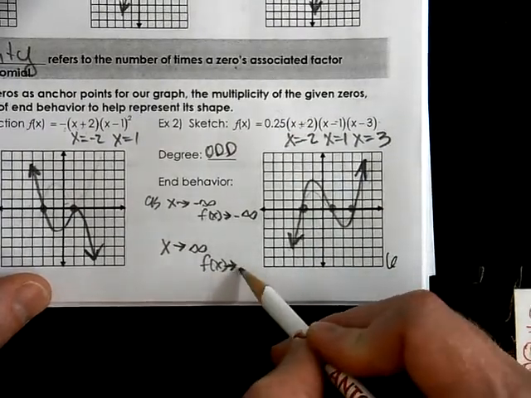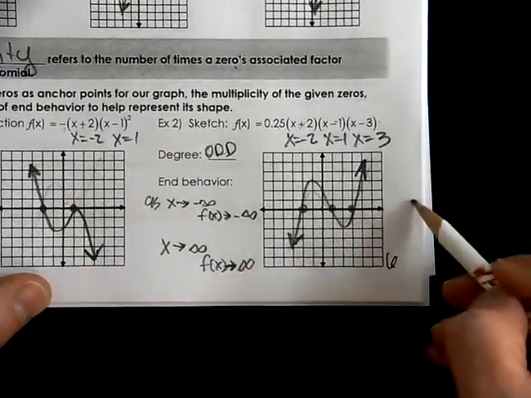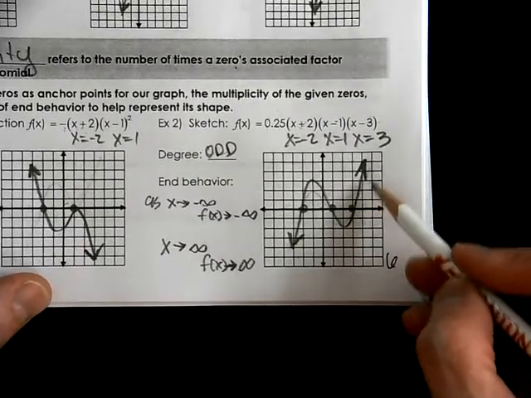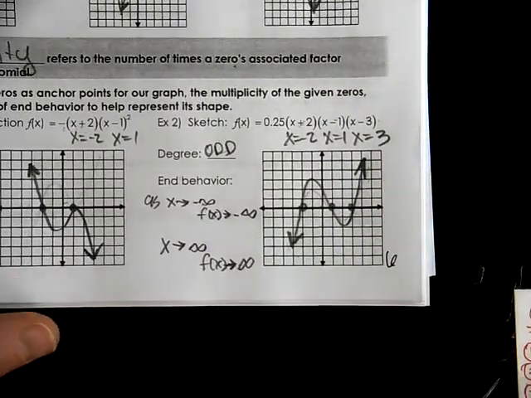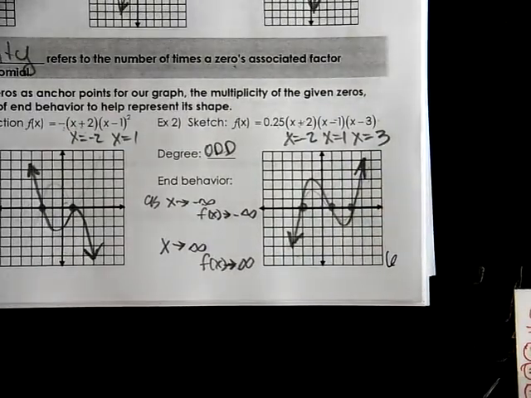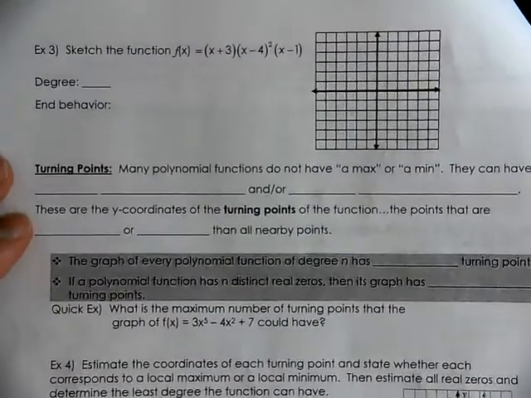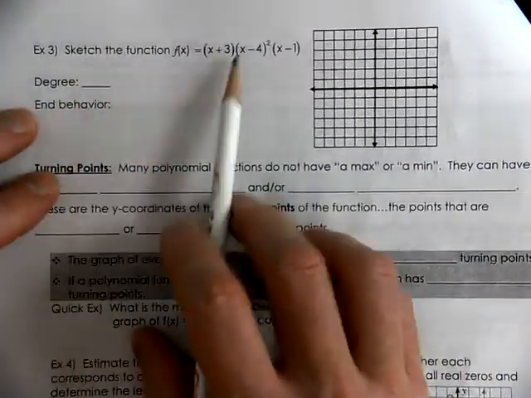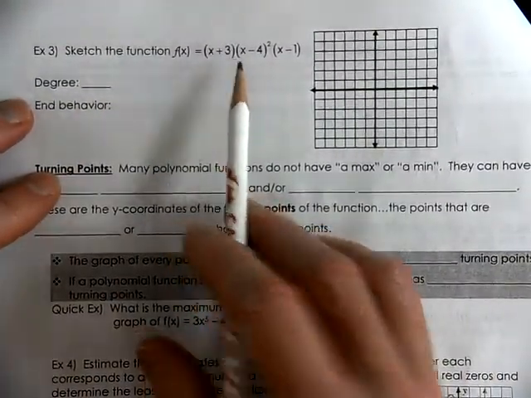Positive infinity is to the right, and the graph is going up. It's going to positive y values, positive infinity. We're going to sketch this.